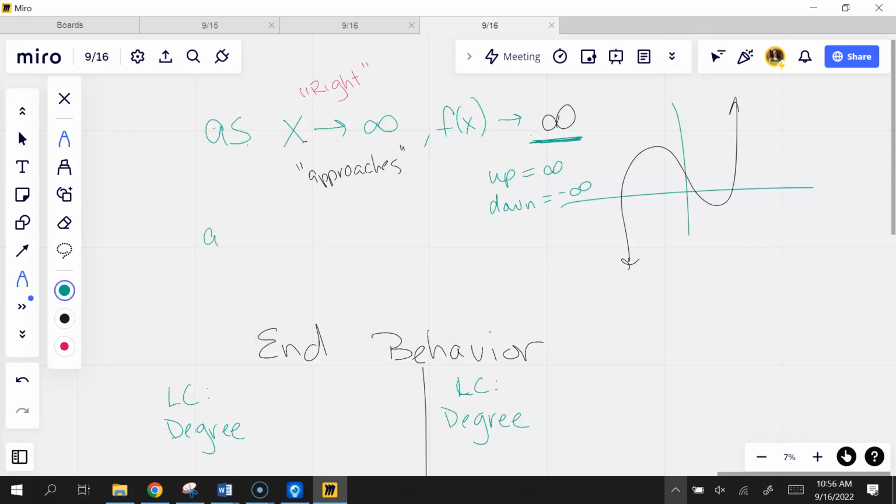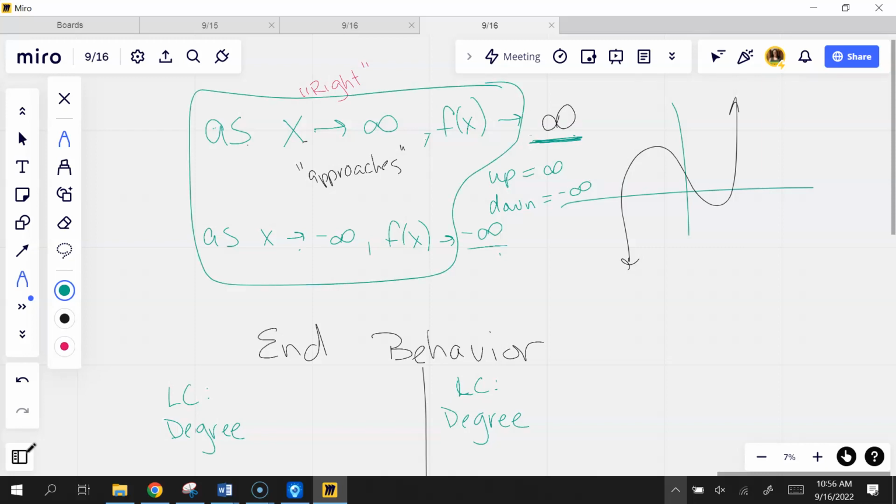My other side is as x approaches negative infinity, f of x approaches what? Negative infinity. This says the right side goes up, the left side goes down. This will be for every one of your polynomial end behaviors. The only thing you are filling out is this.